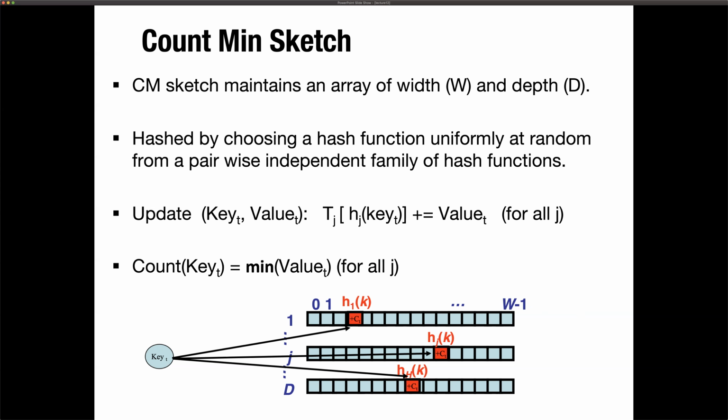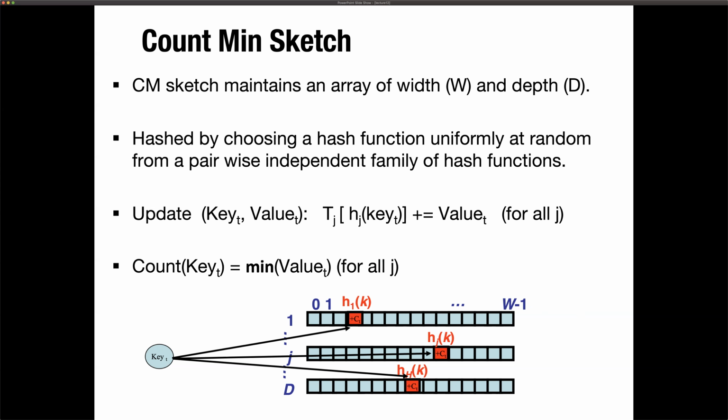I think there is a mistake in the slide here: the last h should be hd, not hh. But the point is that you will compute d different hash values, and based on those you will have the indexes within these arrays, and you will update the values there, right?